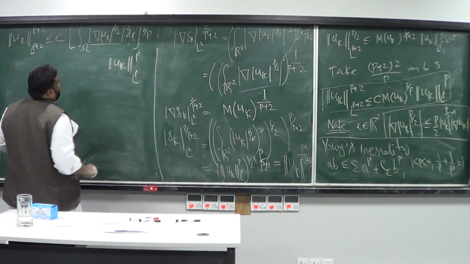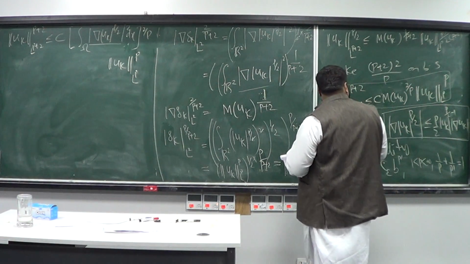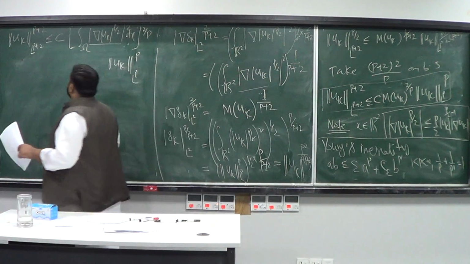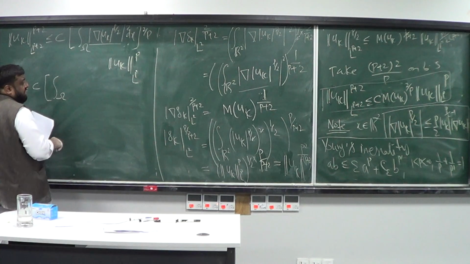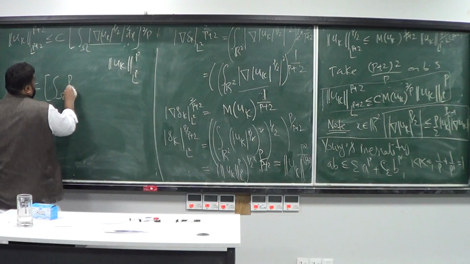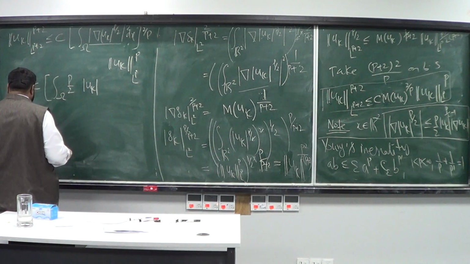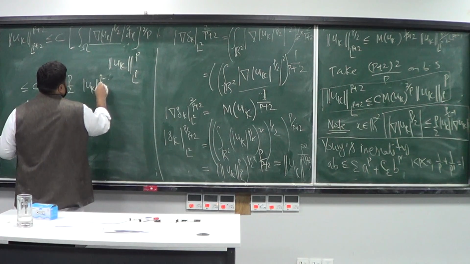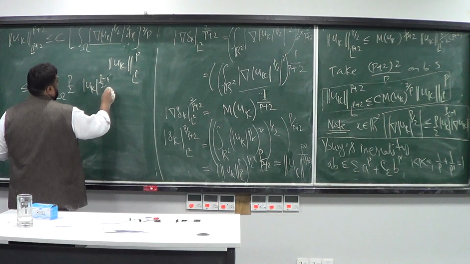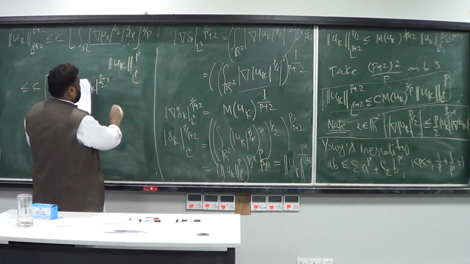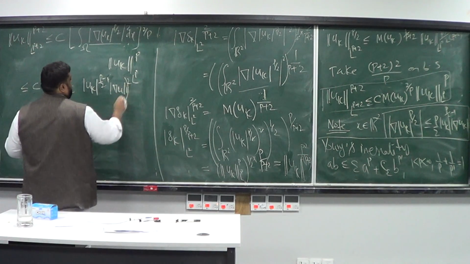Now if in this integrand I use this inequality, I'm going to get this. So I'm going to get C over omega, which is less than or equal to p over 2 times u_k raised to p over 2 minus 1, and the gradient of u_k squared over it, times u_k to the power p.